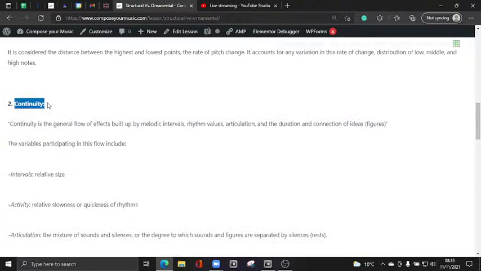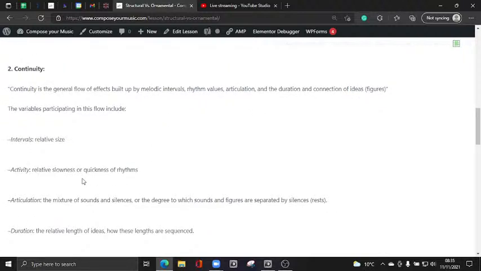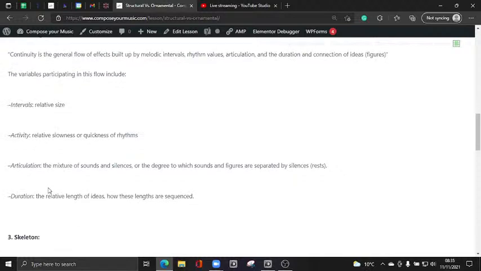Continuity is the flow of effects built up by melodic intervals, rhythm values, articulation, and the duration and connection of ideas. That's one of the most difficult things to achieve, by the way. Really. Because continuity comprises everything, how to combine everything. It's not just the intervals, just the rhythmic activity, just articulation, or just the duration; it's everything combined.